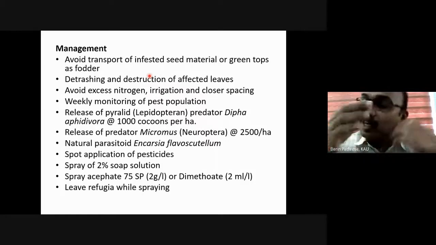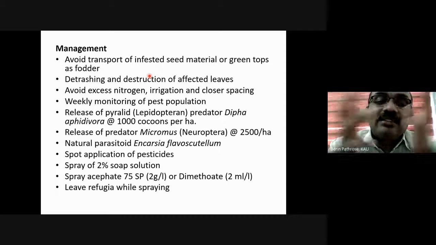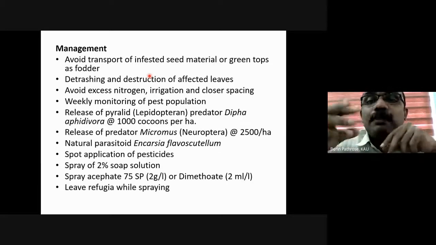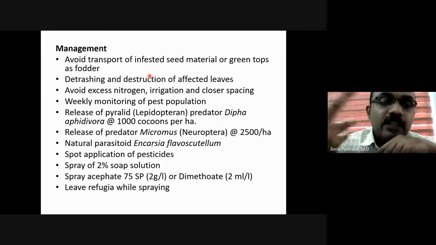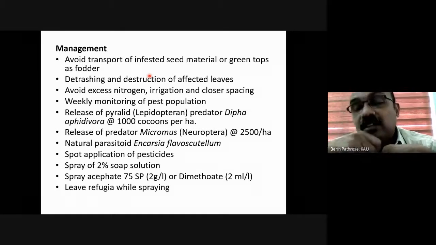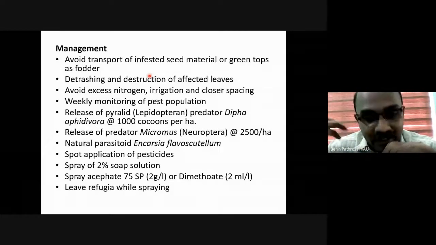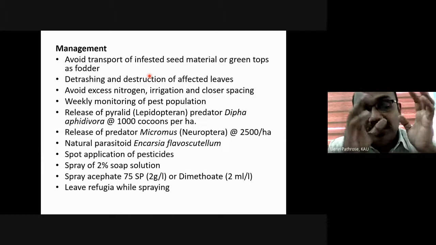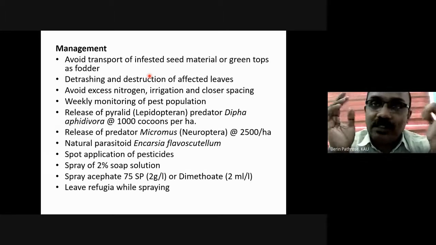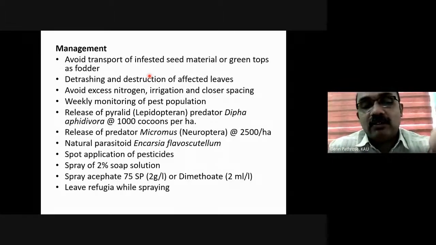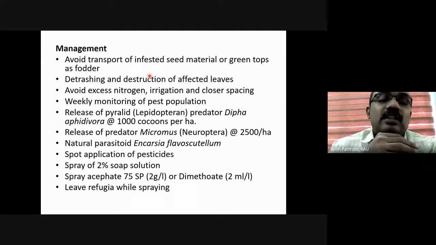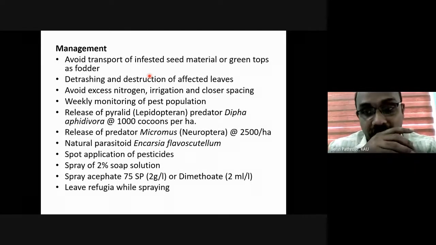We can mass culture it. We can release the cocoons, that means pupae, of Diaphaenia ephidivora at the rate of 1,000 cocoons per hectare. So this pyralid predator is very successful.